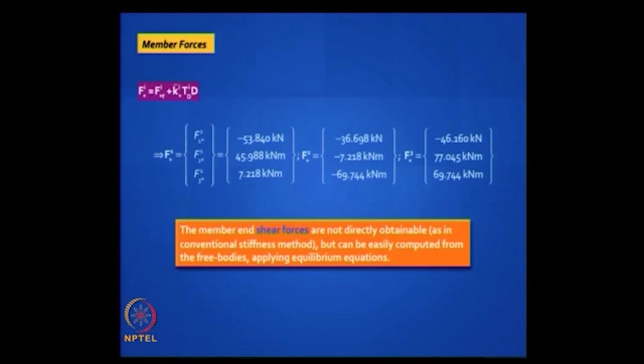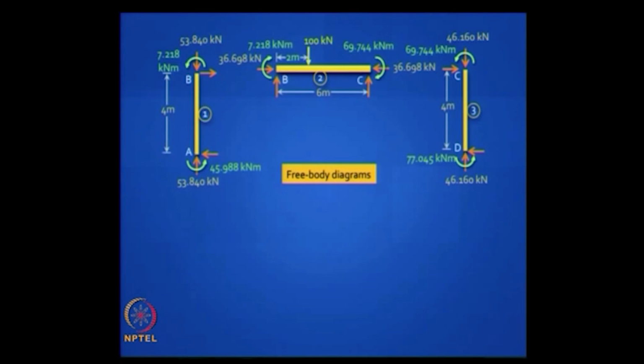So the member end shear forces are not directly obtainable as in conventional stiffness method, but can be easily computed from the free bodies applying equilibrium equation. So let us see how to do that. So this is what you get from those vectors. You have got the 2 end moments for each of the elements, and you have got the axial forces.